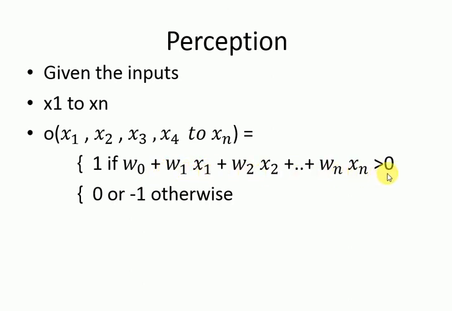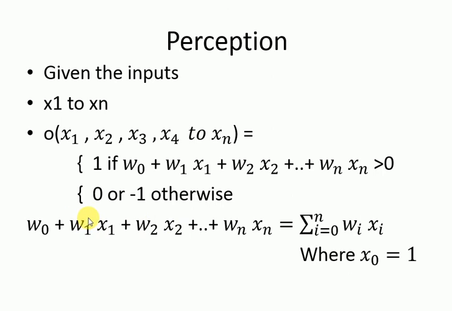If it is greater than 0, then the output is 1, and otherwise it is -1. So that is what it is: sigma i equals 0 to n of wi and xi is the sigma value.